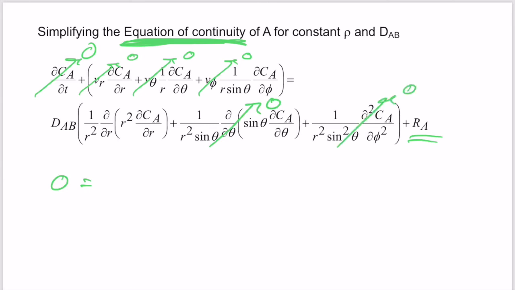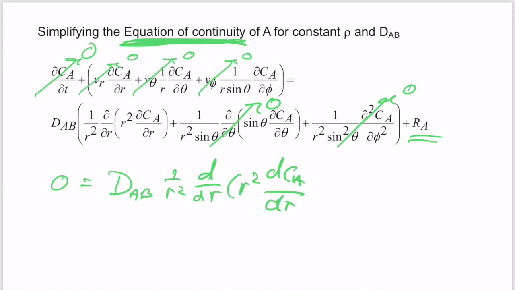So once again, we get this equation: diffusivity times 1 over r squared, d by dr, r squared dCA dr. Only now we've got the reaction rate here. Okay? What Dr. Bellhoff did is she said the reaction rate is going to be negative.